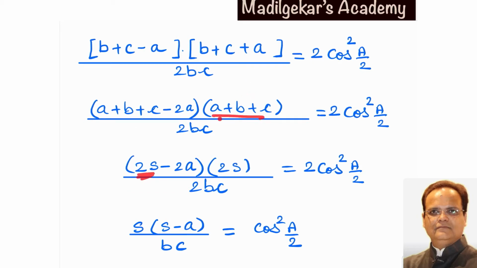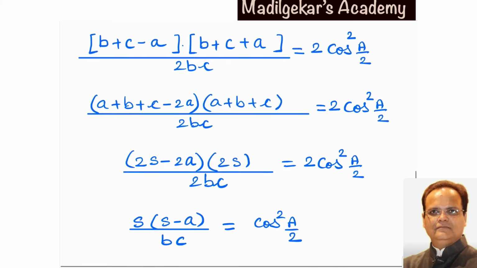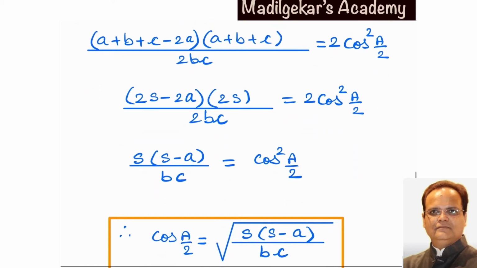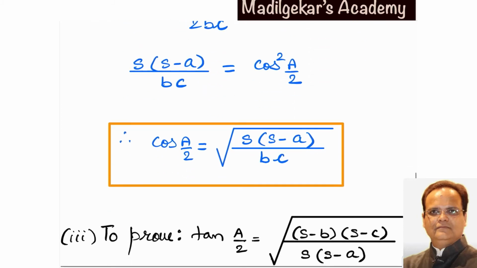So replace a plus b plus c by 2s. So the first bracket is now 2s minus 2a. In the next step, 2 can be taken common. Cancelling constants, we get (s minus a) upon bc equals cos square A by 2. So this proves cos A by 2 equals square root of (s minus a) upon bc.